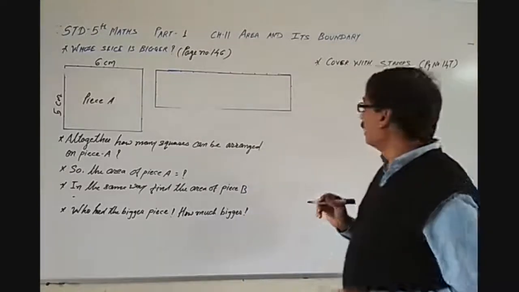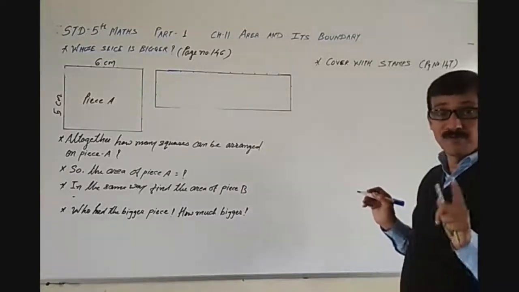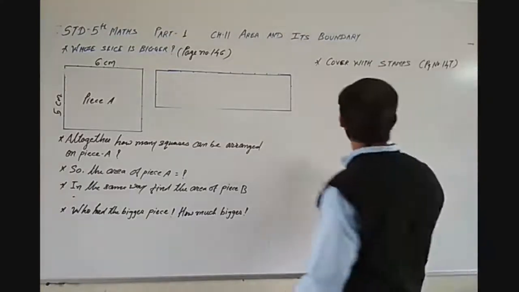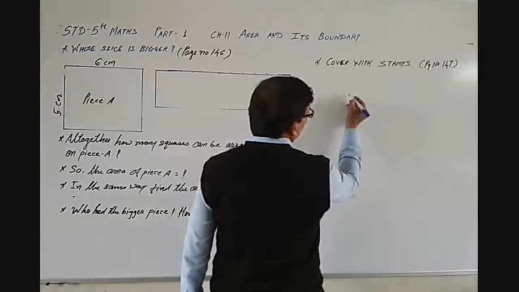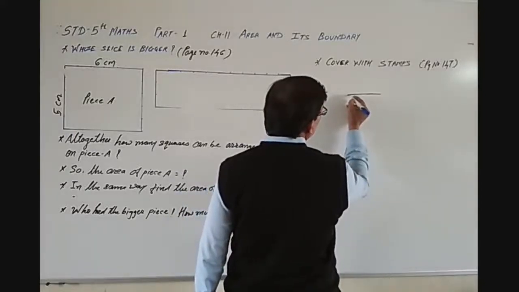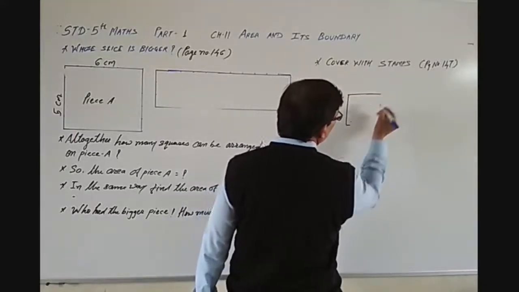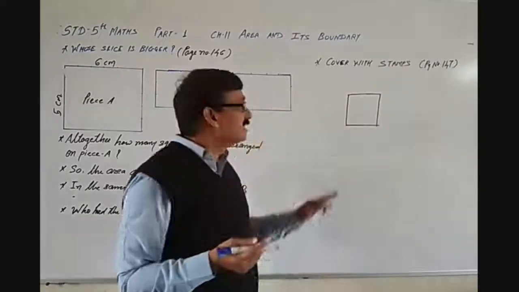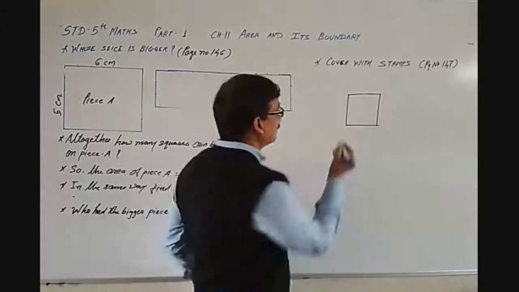Suppose there is a square of 1 centimeter breadth and length, suppose this is a square. Now all these sides are 1 centimeter.